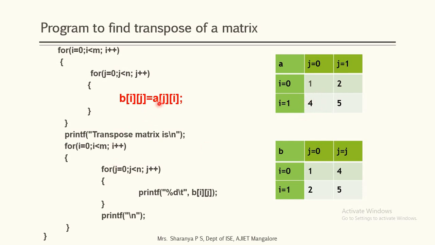We achieve that by writing A of ji, that is, whatever is present in this j, that is 2 of I, in the second location, we print in this particular location. That is, we are just changing the rows into columns, and whatever is present in this location we store in B of i and j. This needs to be one value, 0 and 1. It will remain as it is.